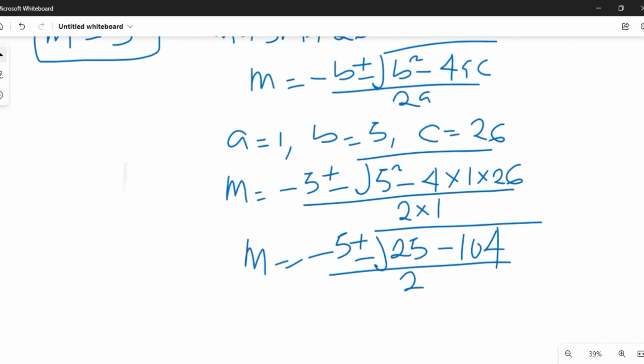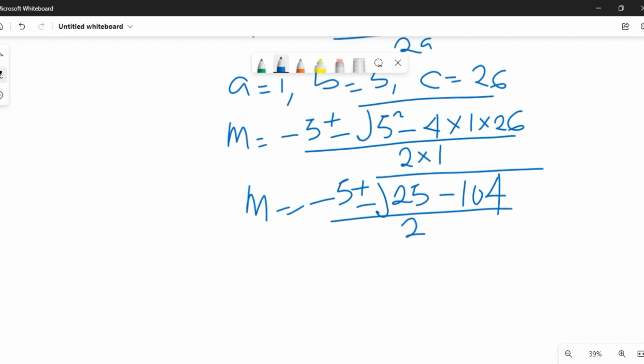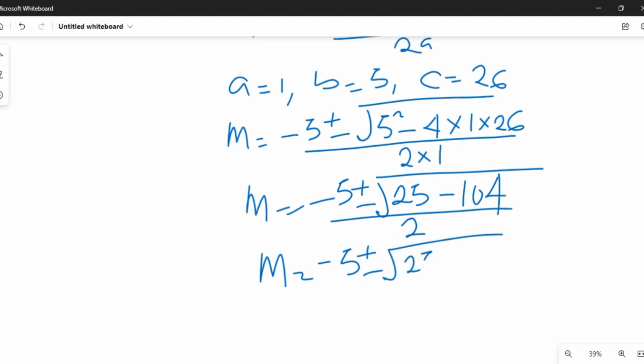So if we simplify that further, we're going to have m equal to minus 5 plus or minus square root of 25 minus 104 all over 2.